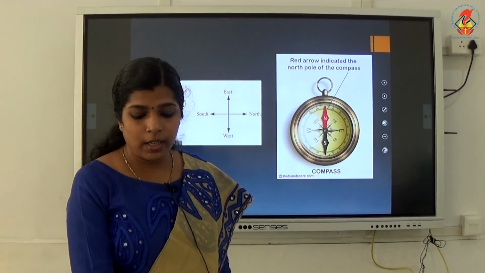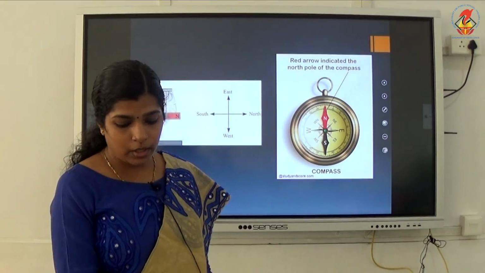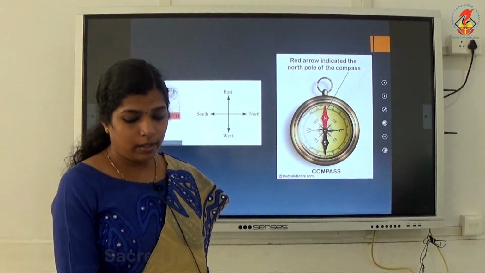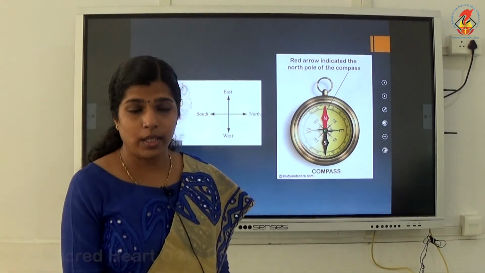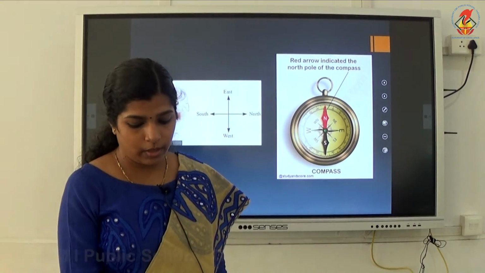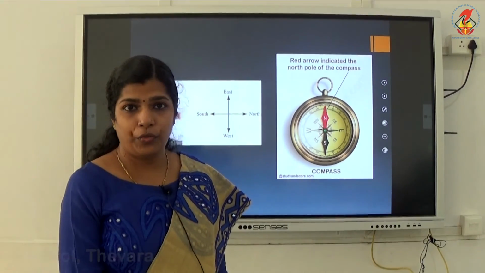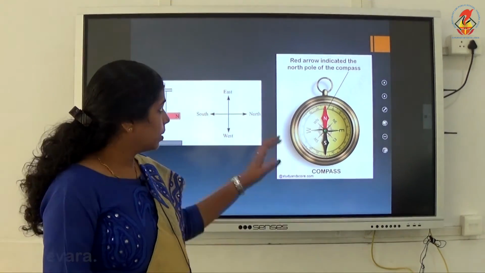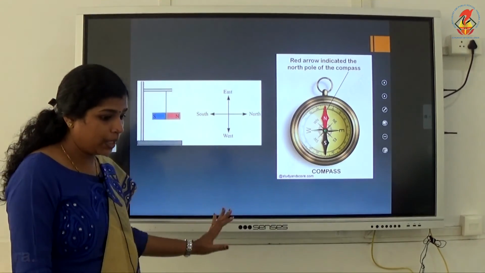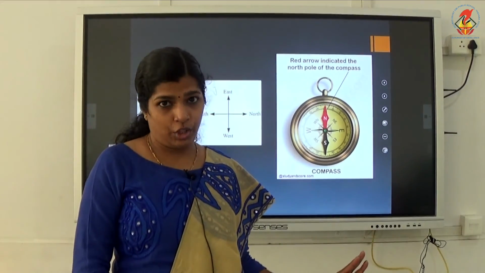The compass is then rotated until the north and south marked on the needle are at the two ends of the needle. To identify the north pole of the magnetic needle, it is usually painted in a different color. So, that is about the magnetic compass, and it is used by sailors to find direction.